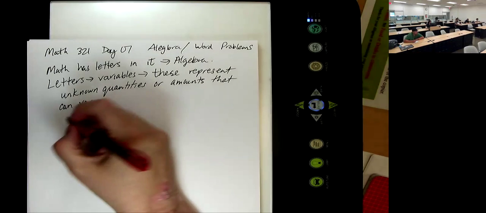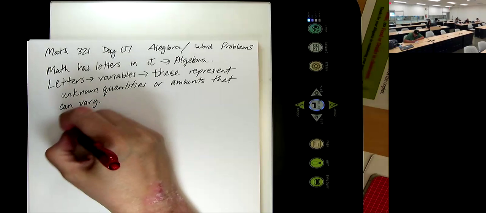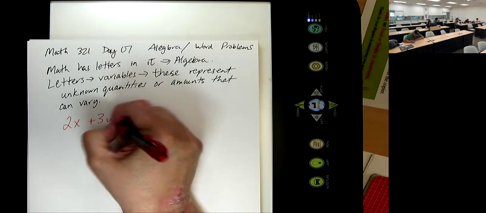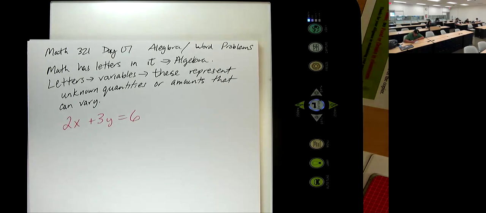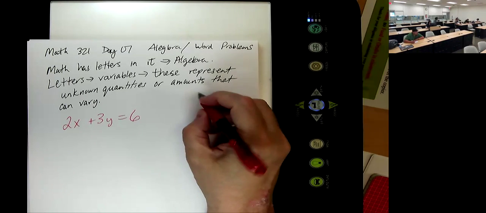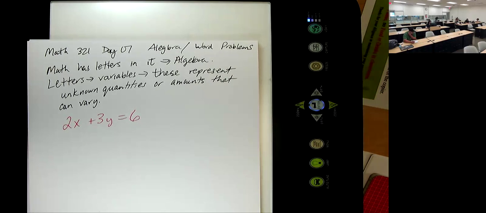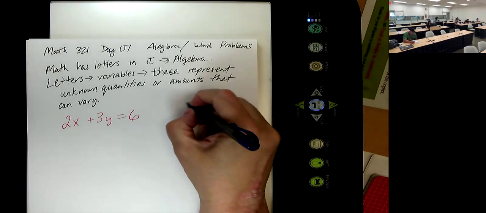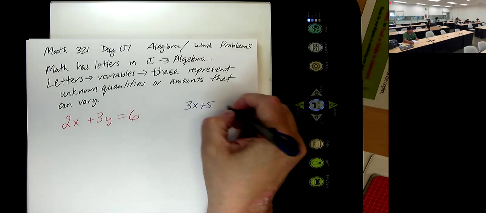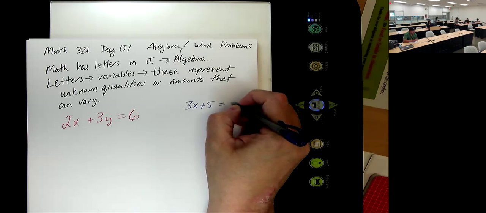So we could have something like 2x plus 3y equals 6. We don't necessarily even need 2 letters, we can have 1 letter. It could be something like 3x plus 5 equals 14.